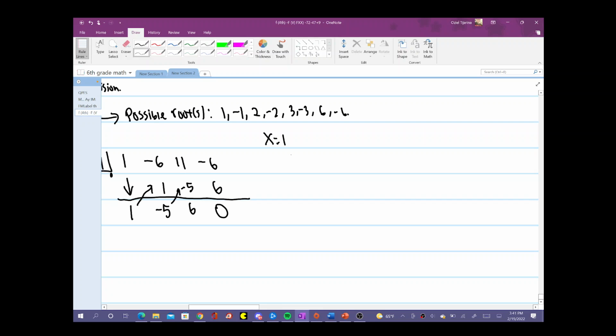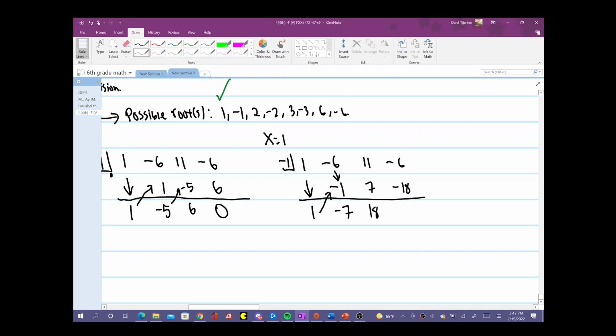Now what about x equals negative 1? We put a check mark there and do negative 1 next, with the same coefficients: 1, negative 6, 11, negative 6. Move the 1 down. 1 times negative 1 is negative 1. Negative 6 minus 1 is negative 7. Negative 1 times negative 7 is 7. 11 plus 7 is 18. 18 times negative 1 is negative 18. Negative 6 minus 18 gives negative 24.